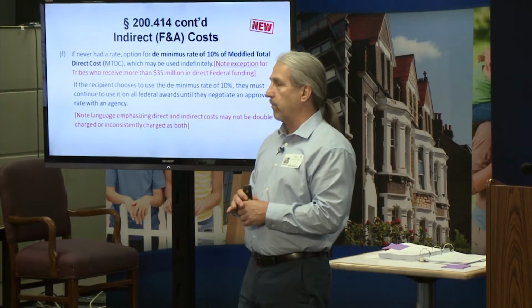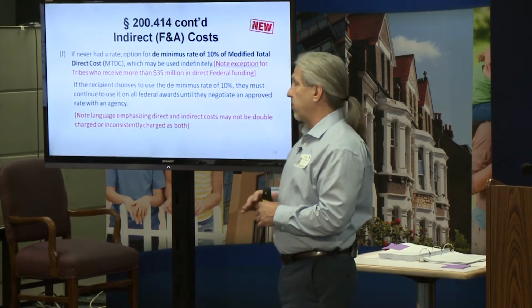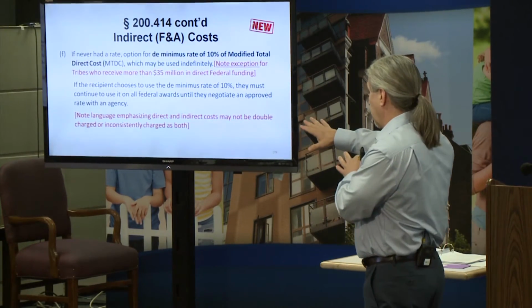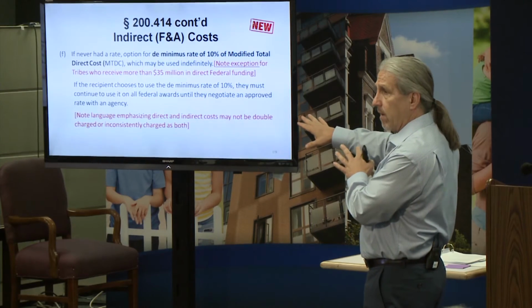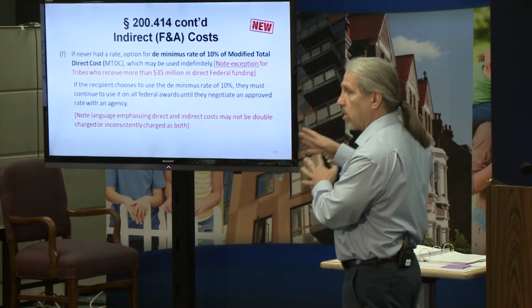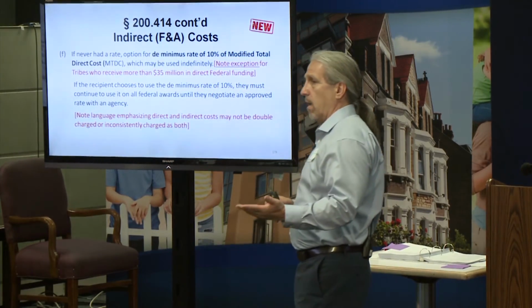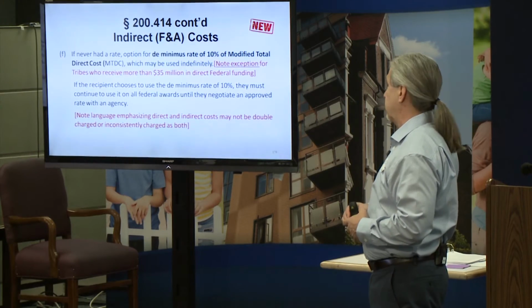Salaries too. If you want to take a look at that, that definition has not changed. But the main thing here is that if you haven't had the opportunity to have an indirect cost rate or negotiated rate, you have the opportunity to do that now at a minimum of 10%.